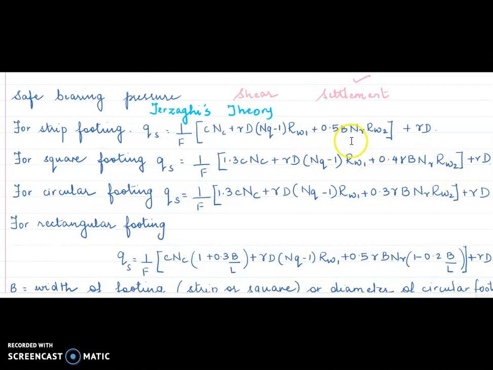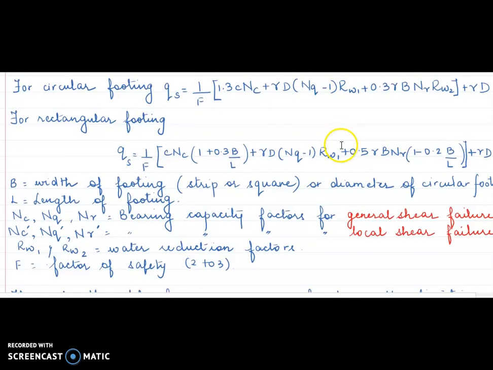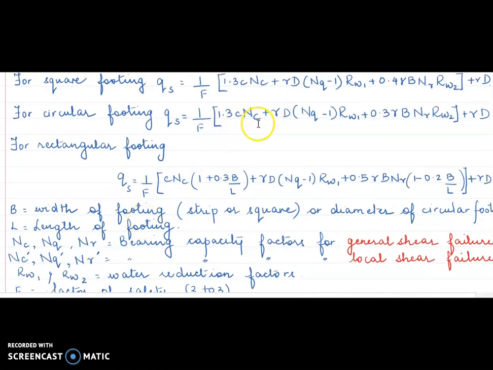And B is the width of the foundation. These are the values. Now, if I'm using NC, NQ, and N gamma in my equations, then the type of failure expected in the soil is general shear failure. And if I'm expecting local shear failure, then the factors are NC dash, NQ dash, and N gamma dash.